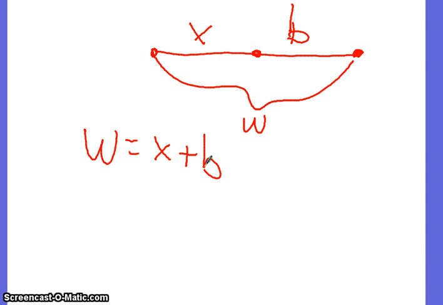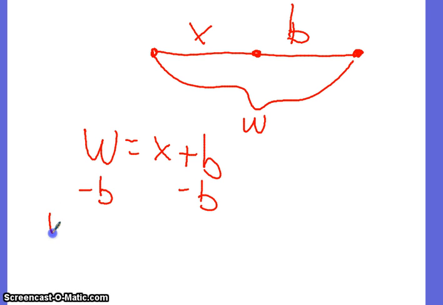All right. Solve this equation for X. Get X by itself. So we subtract B on both sides, because that's the easiest way to get X by itself, isn't it?